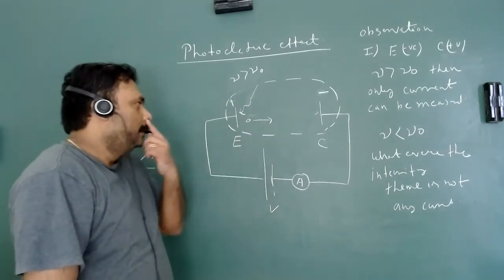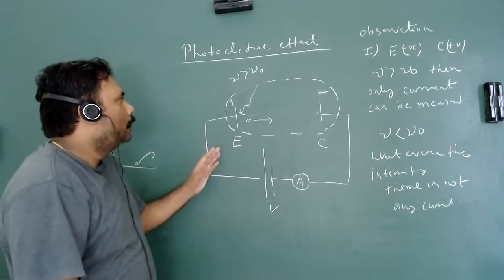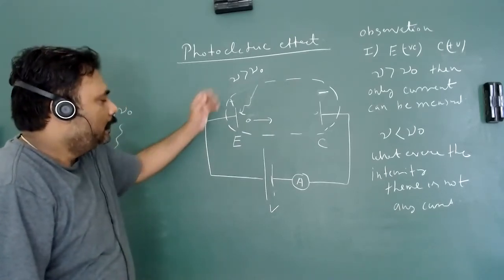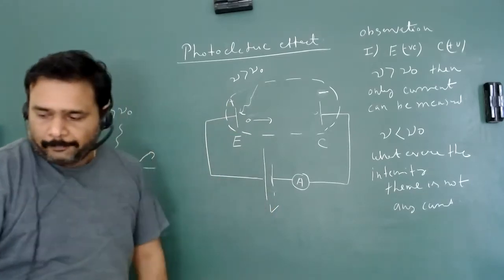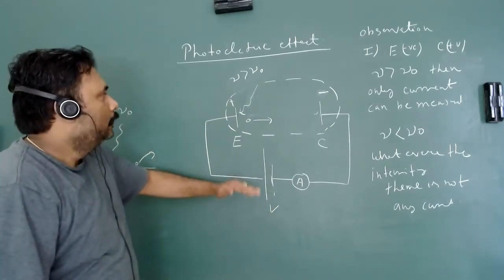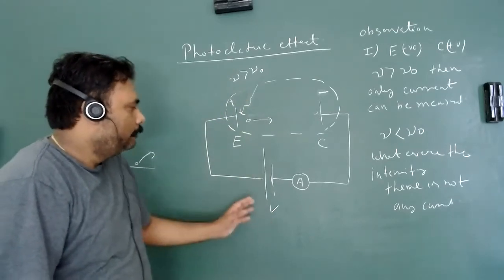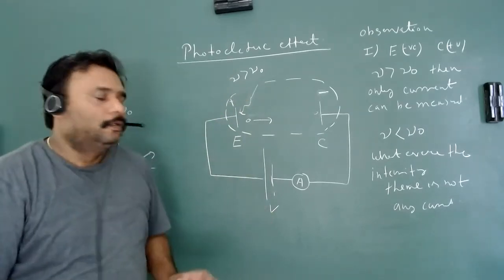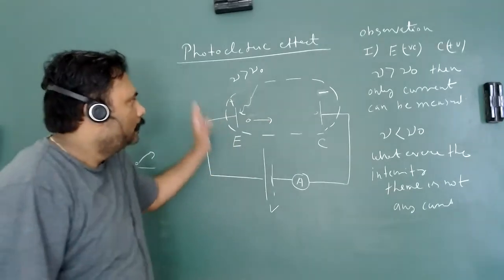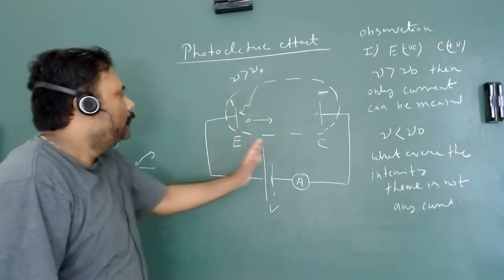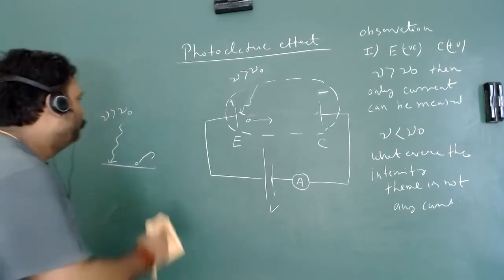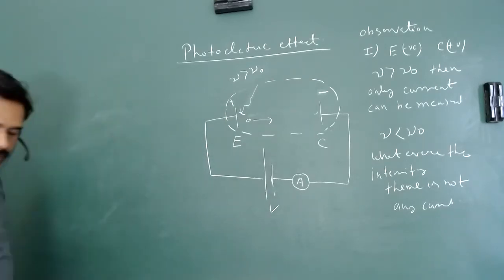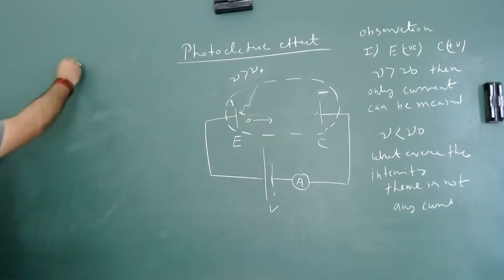So what we have done is plot basically frequency versus this potential for a given intensity, and we have also plotted the IV curve at two different levels. The first IV curve is I versus V, where I is the current and V is the potential.